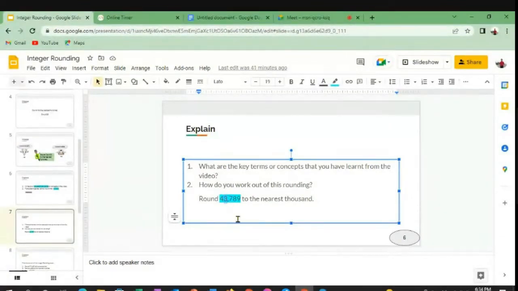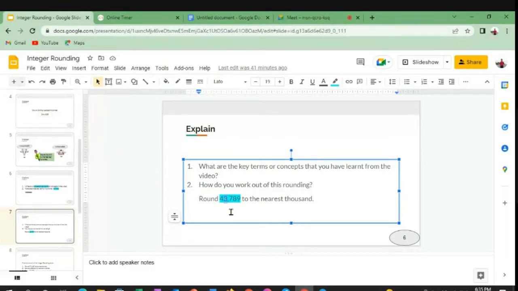When we round the number, we look at the right number, the one right next to the target number. If the right number is less than 5, 0, 1, 2, 3, 4, we round down.